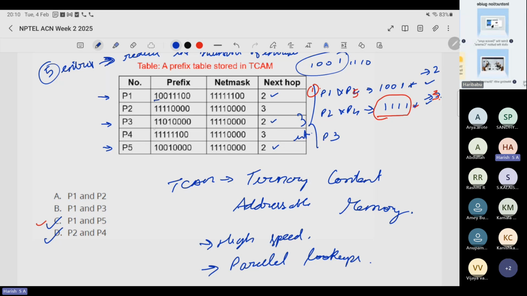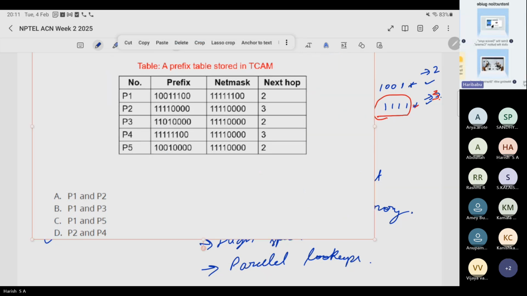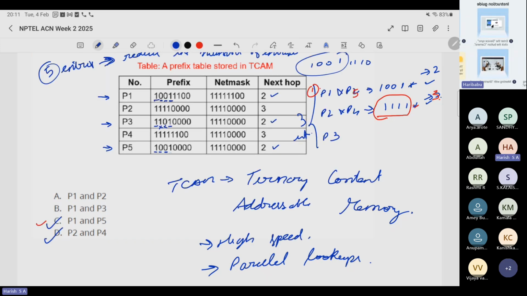First bit is common. Second bit is common. Third bit, no. Fourth bit is common. Fifth bit is different.